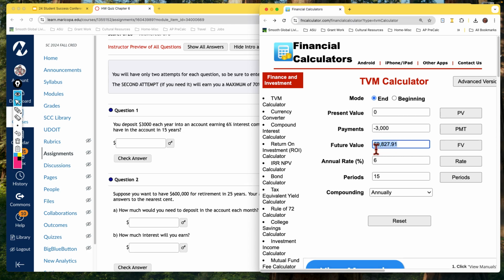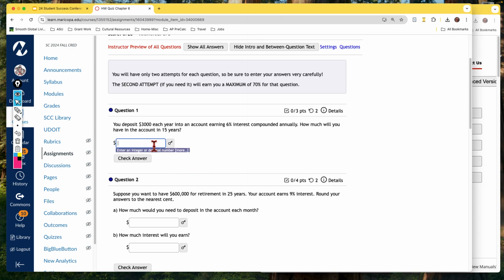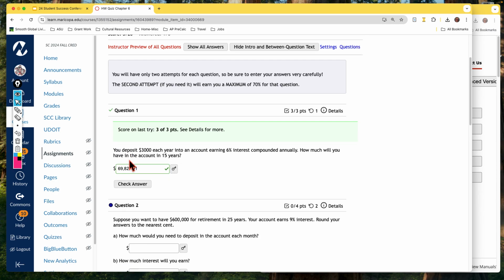So I do a Control C, or Command C on the Mac, and then we just paste it here. And then you can check your answer, and we got it right. So there'll be these sort of savings. A couple of the first ones are savings or retirement type stuff. So far, so good.